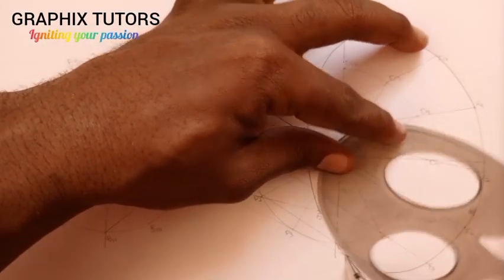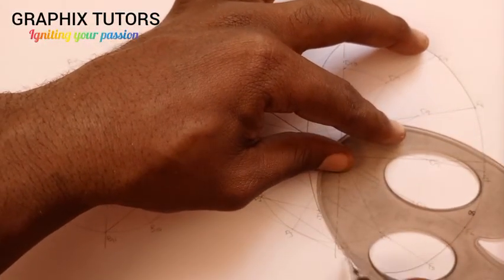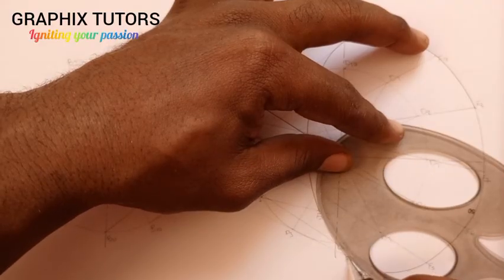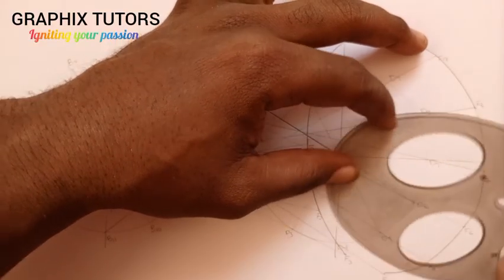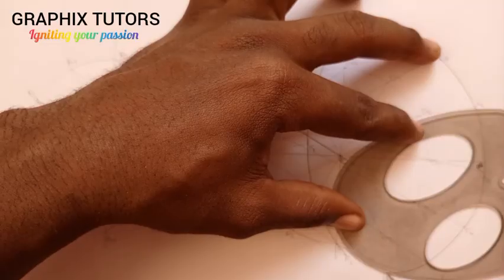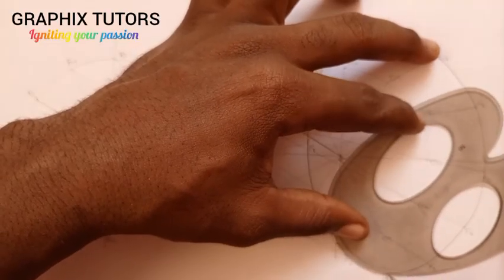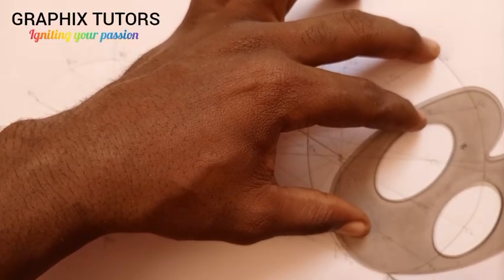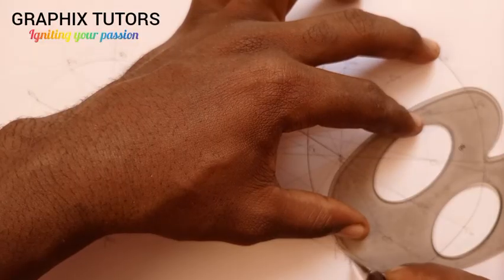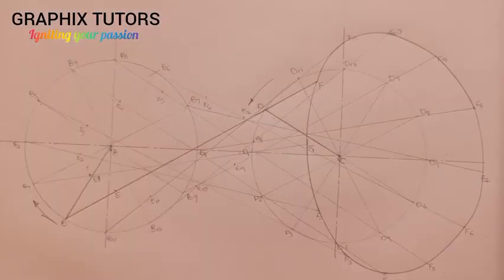Then F3, F2. Then F4 and F3. So this is what we have here. That is the locus of that point.